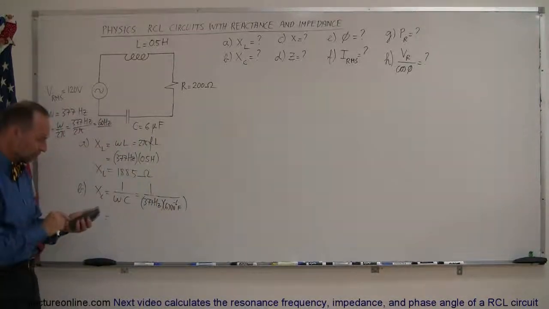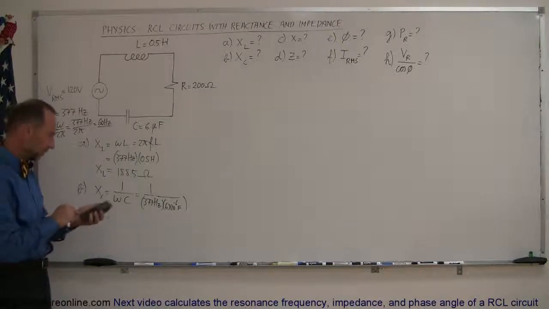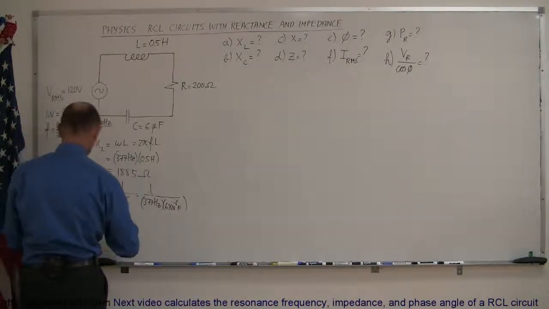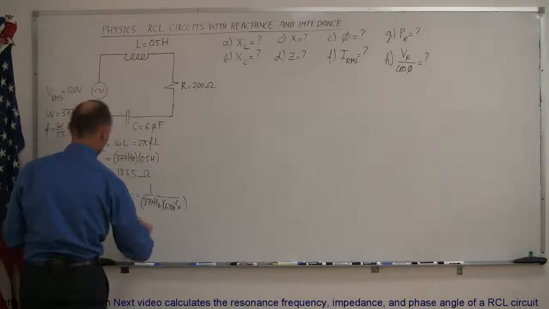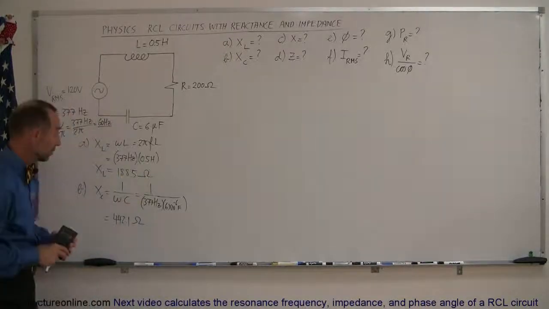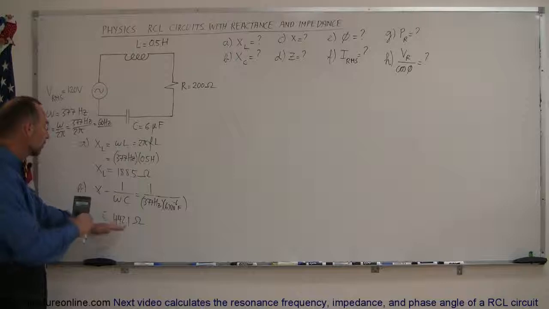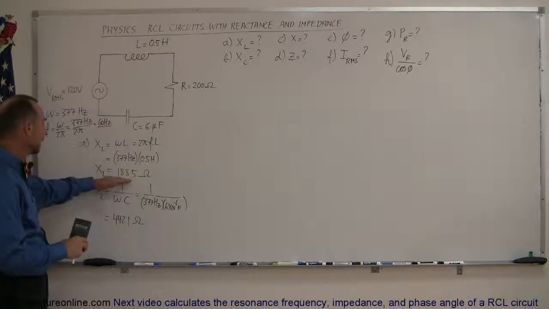Let's find out in just a moment. 377 times 6e to the minus 6, equals, and take the inverse of that, and we get 442.1 ohms. All right, so what you can see here is that the capacitor is more of an impedance, or more of an opposition to the current flow than the inductor here.